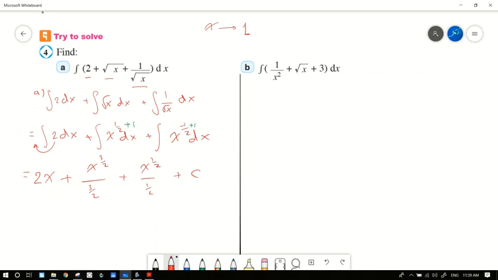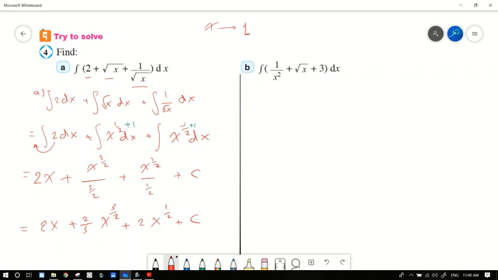All this plus a big constant which includes all the constants from the small integrations. So in the final form it will be 2x plus, dividing by 3 over 2 means multiplying by 2 over 3, 2 over 3 x power 3 over 2 plus 2x power half plus constant.